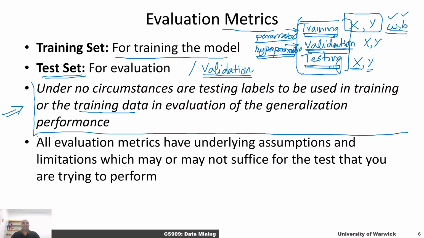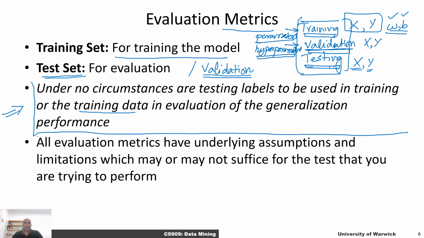All evaluation metrics, and the other thing to remember is, although there are a bunch of evaluation metrics, all those evaluation metrics have underlying assumptions. And we should make an effort to understand those assumptions, because you can pick an evaluation metric that shows that your classifier is doing very well, but with respect to that metric only.